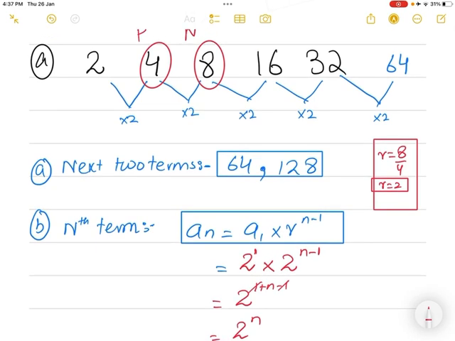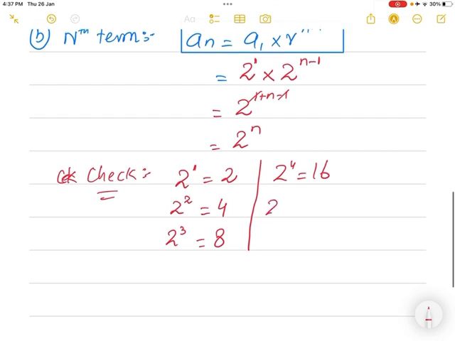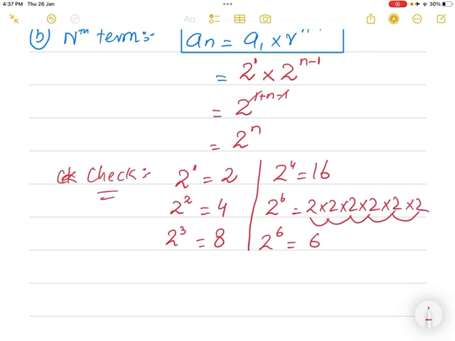For example, I'm interested in checking the 6th term. That would be 2 power 6. So I know that 2 times 2 times 2 times 2 times 2 times 2: 2 2s are 4, 4 2s are 8, 8 2s are 16, 16 2s are 32, 32 2s are 64. So 2 power 6 is 64.